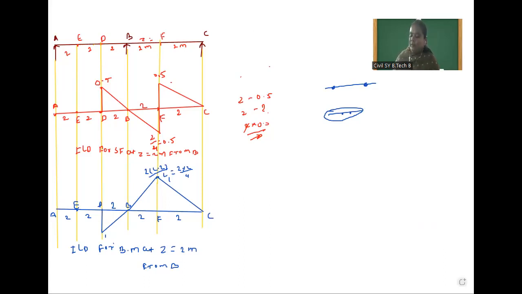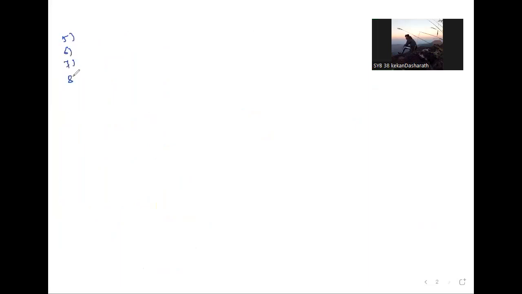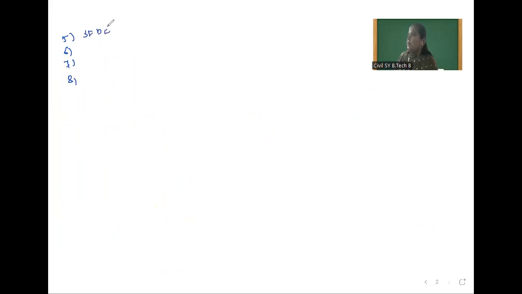Okay, now we will take revision first for section second. In section second, how many units are there? 4 units: unit number 5, 6, 7, and 8. Unit number 5 is shear force diagram and bending moment diagram.